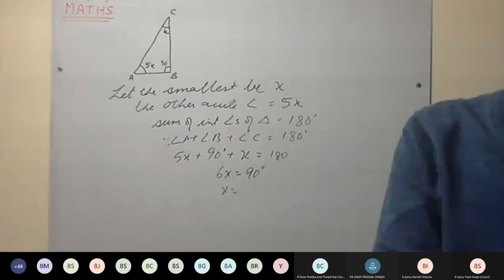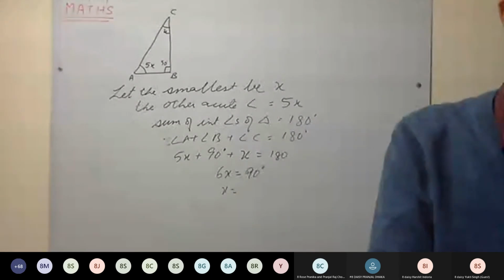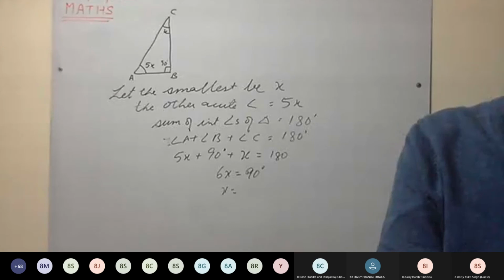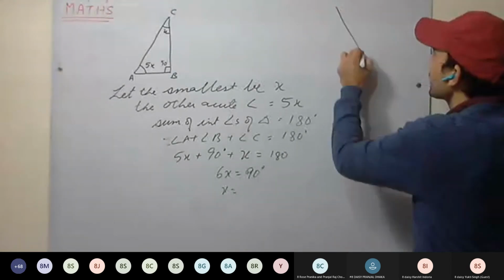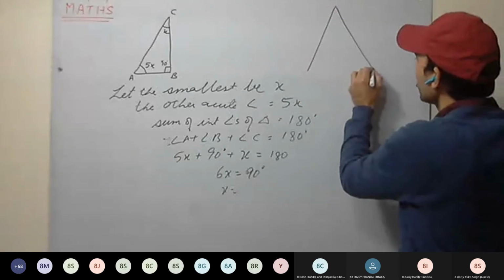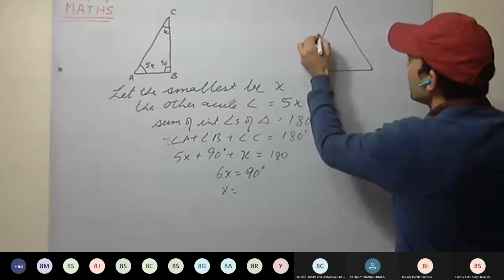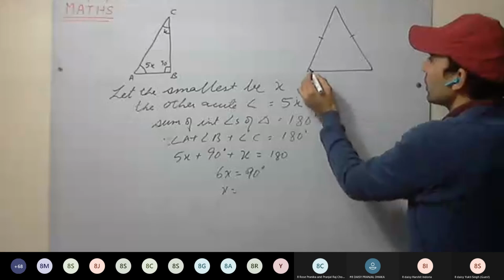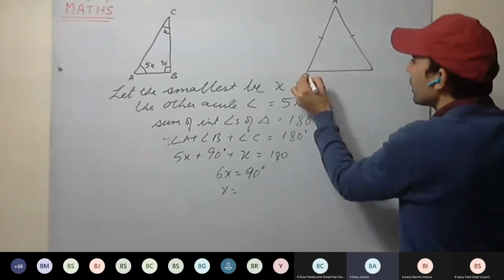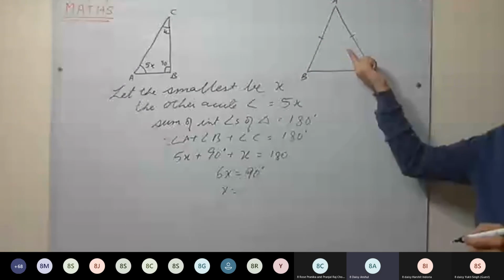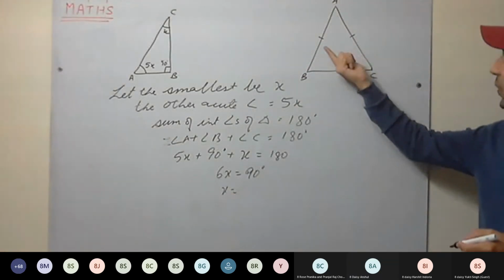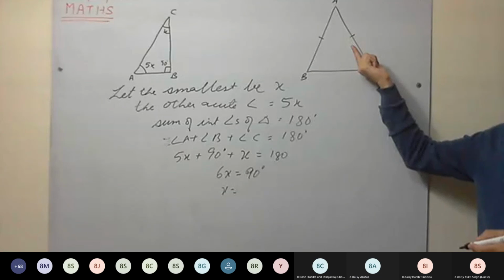It was easy. 18th is also easy. The base of an isosceles triangle is 3 centimeters longer than each of the other sides. So isosceles triangle, what is the property in an isosceles triangle? Two angles are equal. Or we can say two sides of a triangle are equal.